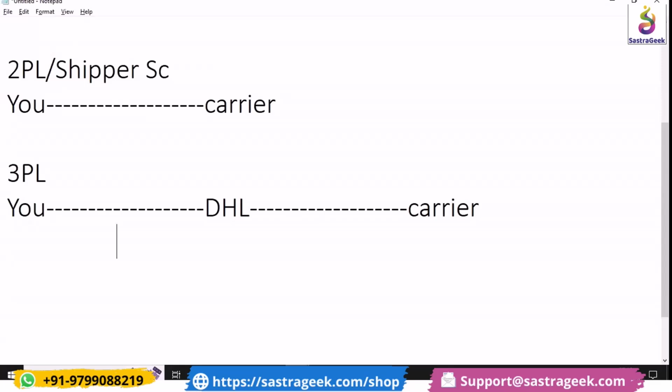Now that receipt is basically called HBL, or house bill of lading. First of all, have you heard about this term, house bill of lading? No, it's the first time. Okay. Anybody else? Same here.